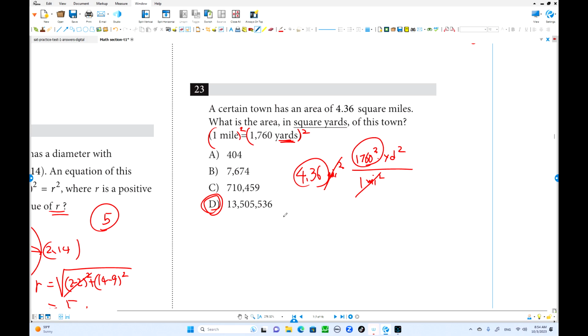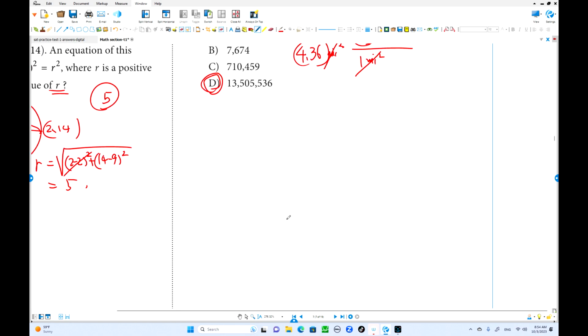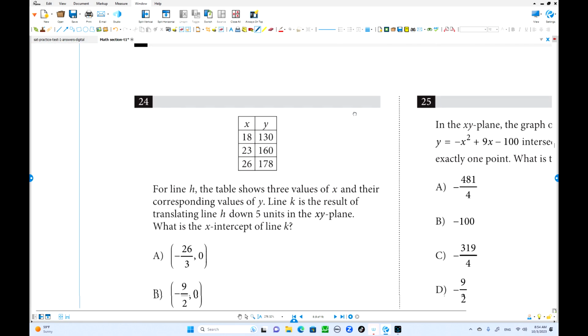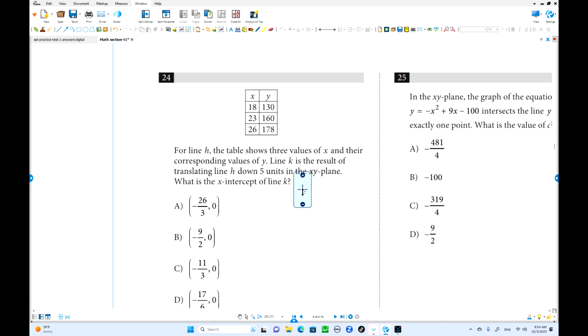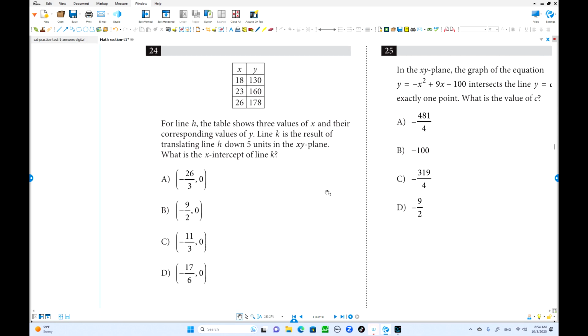Okay, all right, that is number 24 here. So this is the equation of the line. Because they said line K, okay? A line is linear, okay?